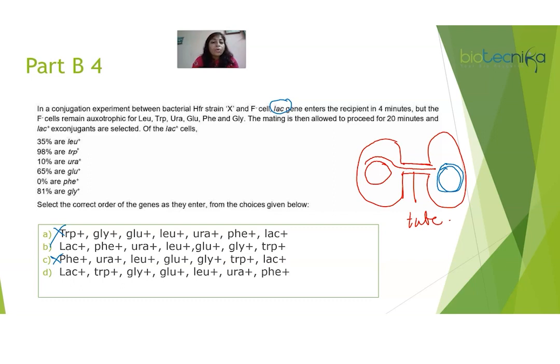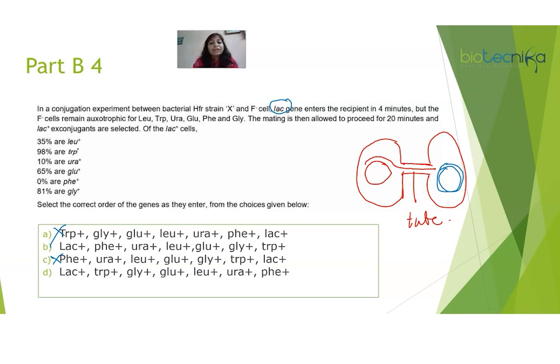Now, for conjugation, what is required? That the conjugation tube remains intact. But the chance of this conjugation tube dissolving is more as the time increases, because it becomes difficult for the bacteria to stay in contact.